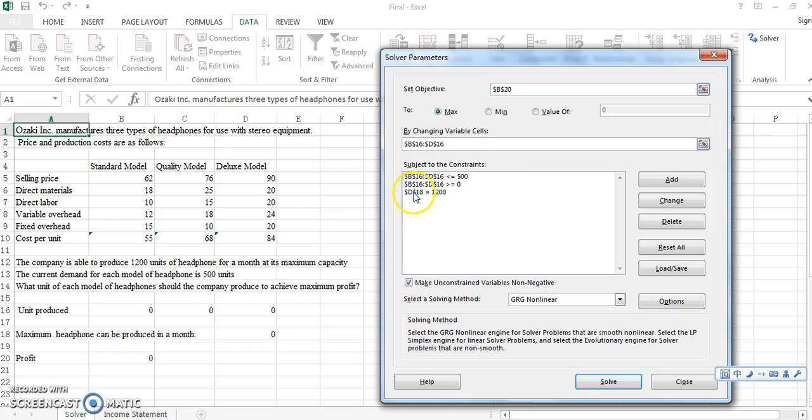And the last constraint is that I set the maximum capacity that can be produced in a month to 1,200 units, which is provided here. So let's solve.